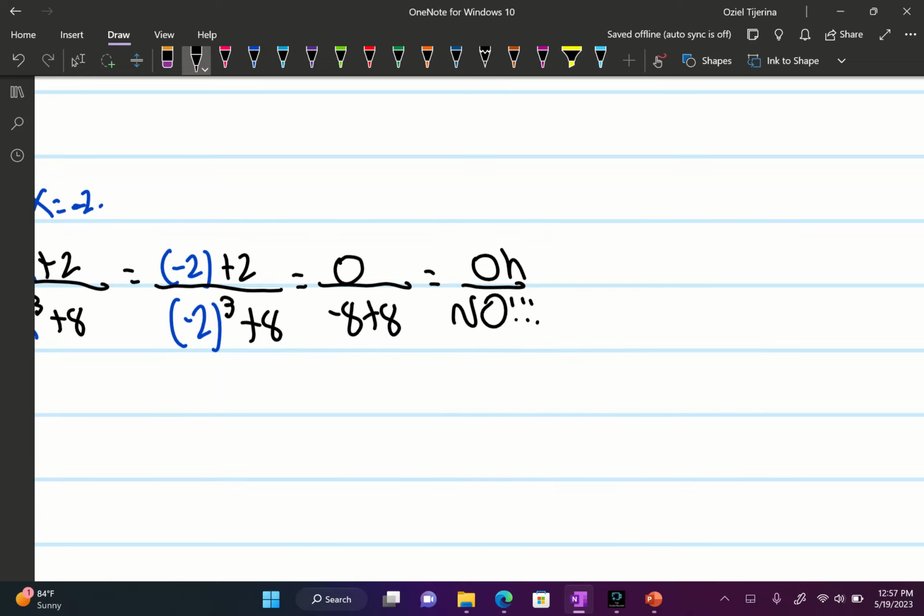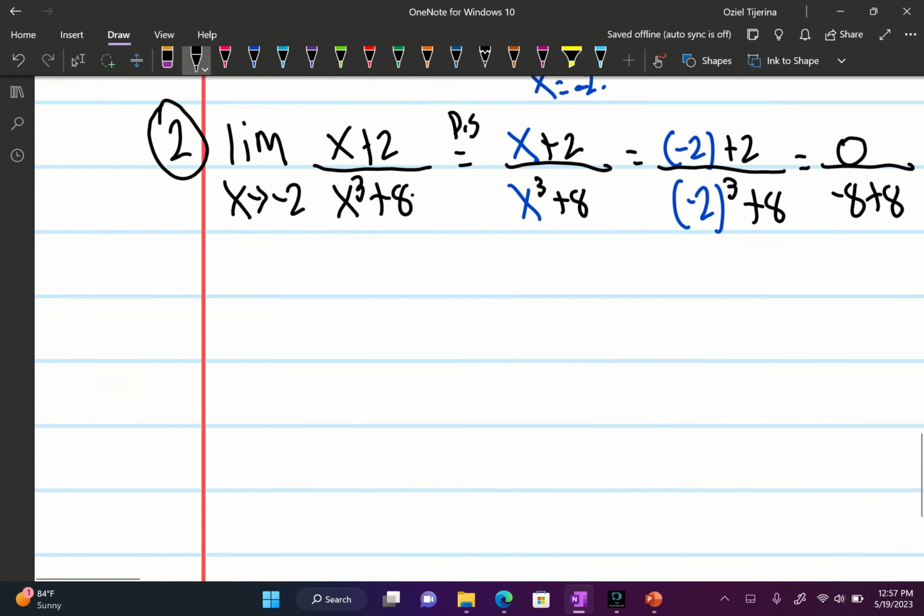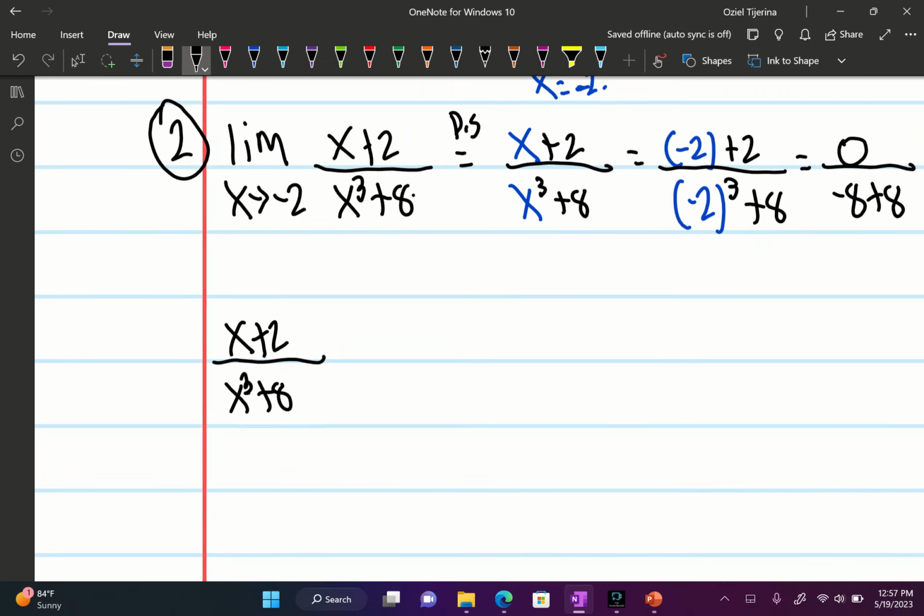Remember, we always want to remember, oh no, because we can't have this. We don't want that, right? Now this is a little harder to factor, and I always forget the formula. I'm going to look at x plus 2 over x cubed plus 8 on its own. I always forget the formula for the sum of 2 cubes pattern.